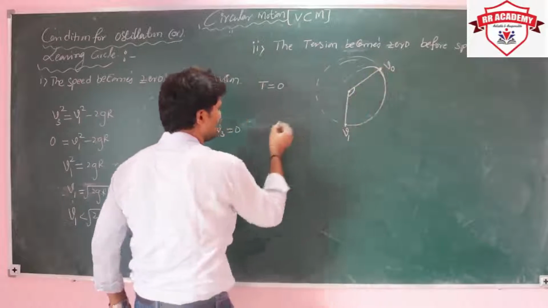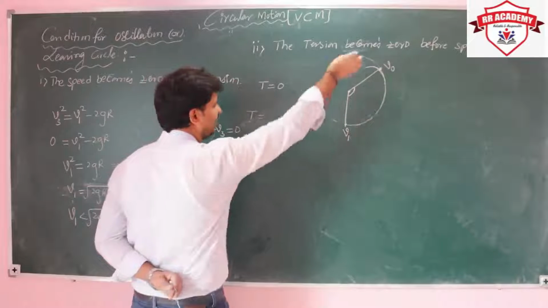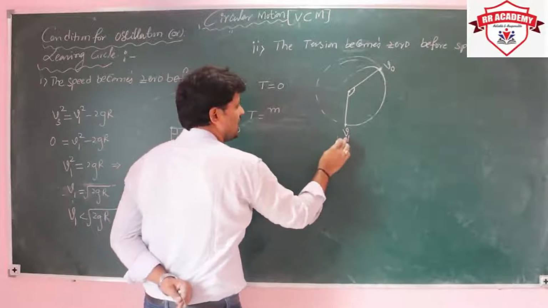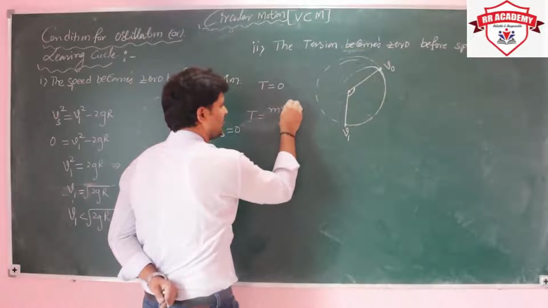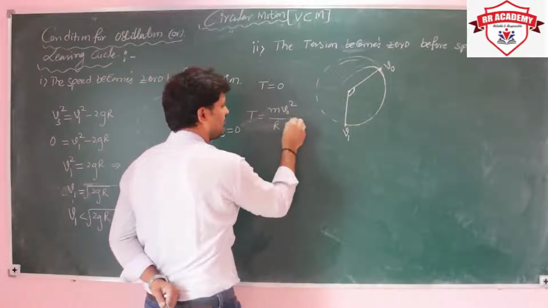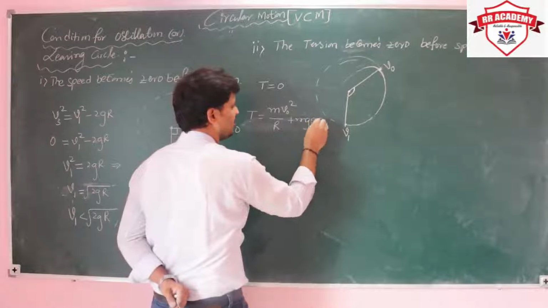So at that condition we are considering tension 0. Generally you can write the tension expression: tension at that particular point, with velocity v0 here and v1 at the lowest point, is mv0 square by r plus mg cos theta. That is the general expression.